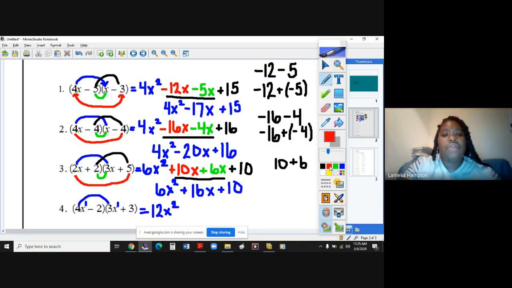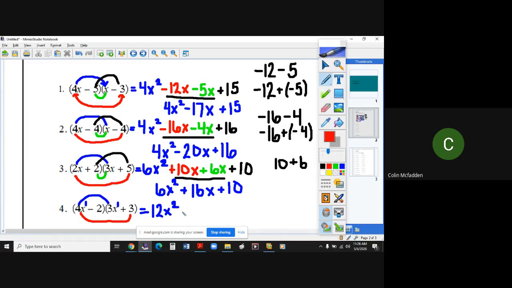Okay. Now, what are my next two terms that I'm multiplying? The 4x and 3. Yes, sir. The 4x and the 3. And when I do that, 4x times 3 is going to give me what? 12x. 12x.